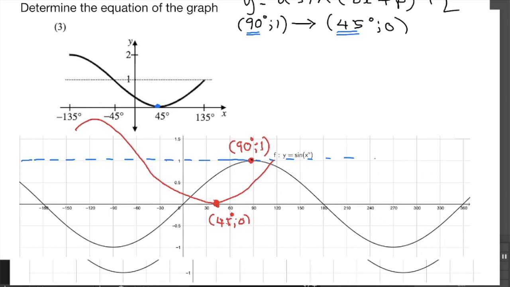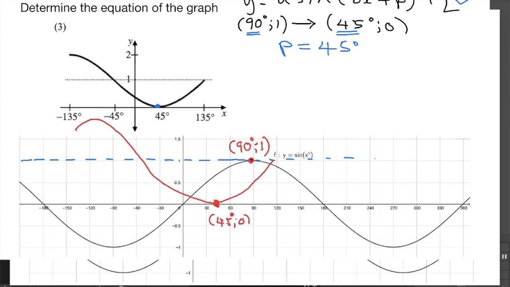So the graph of sine x is shifted 45 degrees to the left. Now, shifting 45 degrees to the left tells us straight away that the value of P in that equation up there should be equal to 45. It's positive 45. So P is 45. We now know P. We are happy. Let's continue and see what's happening here.